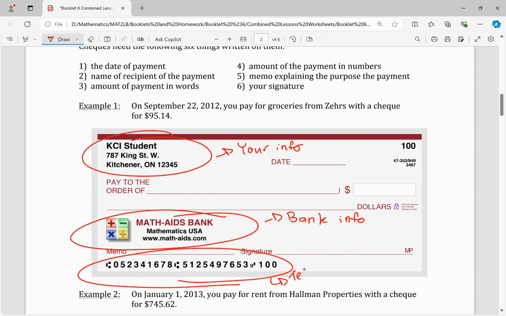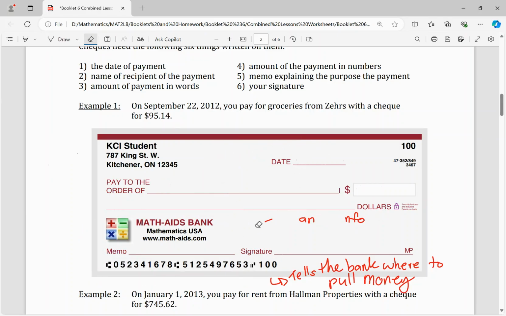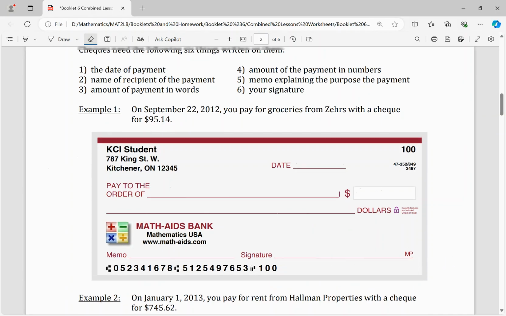This tells the bank where to pull the money from. Now, you don't need to change any of this, right? When you get a bank account and you order checks, all of that information will be on there for you. That being said, there are many other areas that you do need to fill in. So let's take a look.